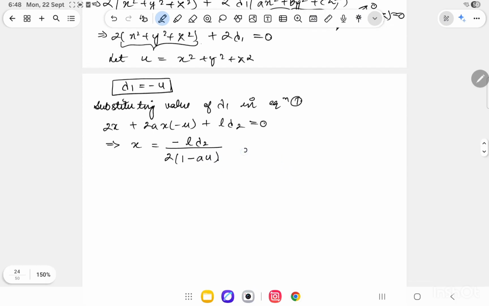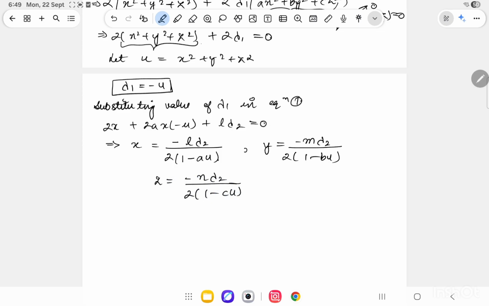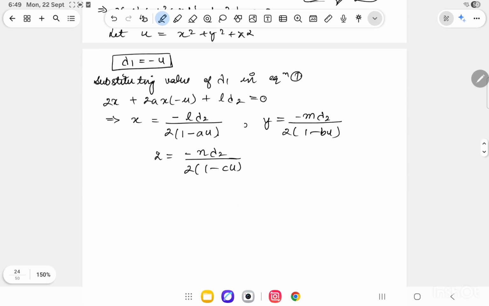Likewise, substituting in equation 2, I get y as minus m lambda 2 divided by 2 into (1 minus bu). And substituting in equation 3, I get z as minus n lambda 2 divided by 2 into (1 minus cu). These are the values of x, y and z.